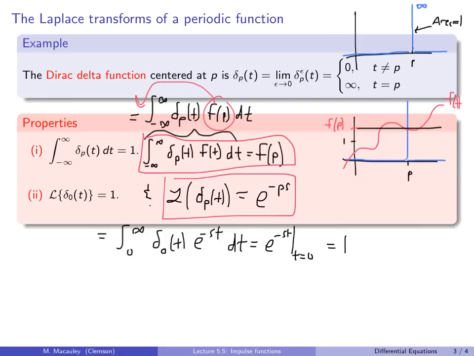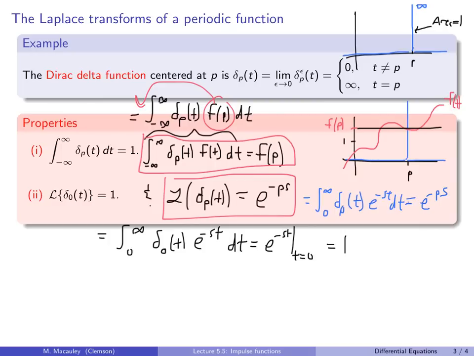One way to see that is to just take the integral from scratch, the delta at p of t times e to the minus st dt. Well, that is just this function evaluated at p, again using this property right here. So that is clearly e to the minus p s. Okay, so that checks out.